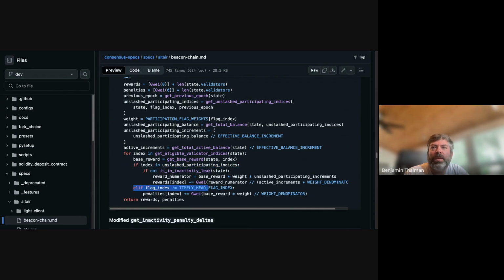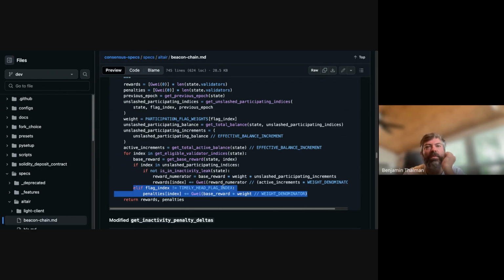This second statement, though, so the first part of the if captures the unslashed validators. This block captures the slashed validators. So you can see else if flag index does not equal timely head flag. Reminder that validators have 3 attestation duties: timely source, timely target, timely head. Timely head is the only duty of those 3 that doesn't carry a penalty for failing to perform. The other 2 do.